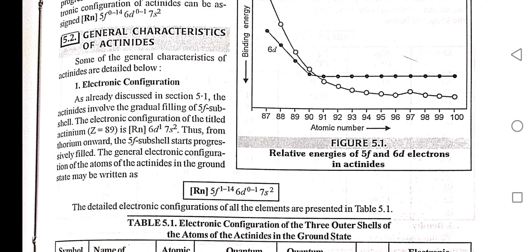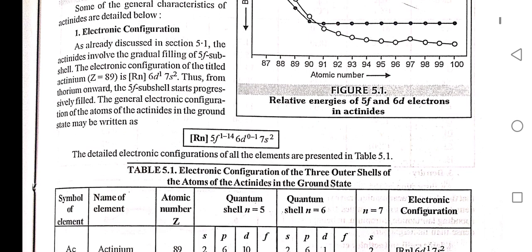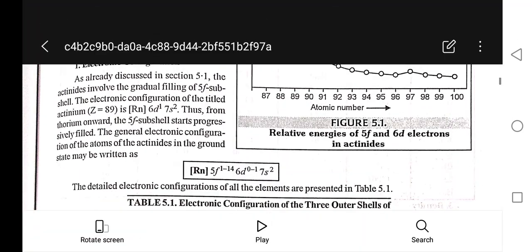Thus, from thorium onward, the 5f subshells start progressively filling. The general electronic configuration of the atoms of actinides in the ground state may be written as Rn 5f1 to 14 6d0 to 1 7s2.